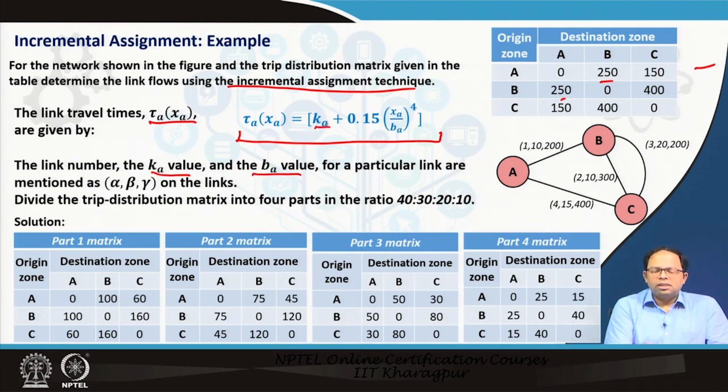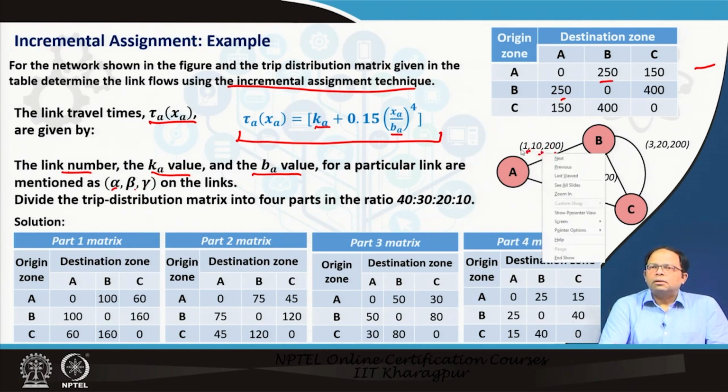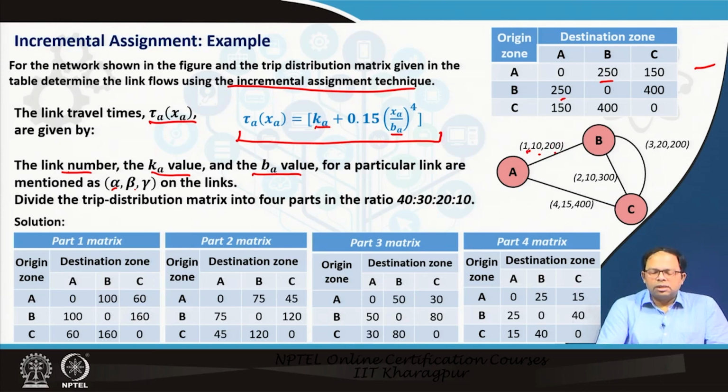K_A was the initial travel time and B_A was the capacity. So, for example 1, 10 and 200: 1 is the link number, 10 is the travel impedance and 200 is the capacity. That means this is the B_A.